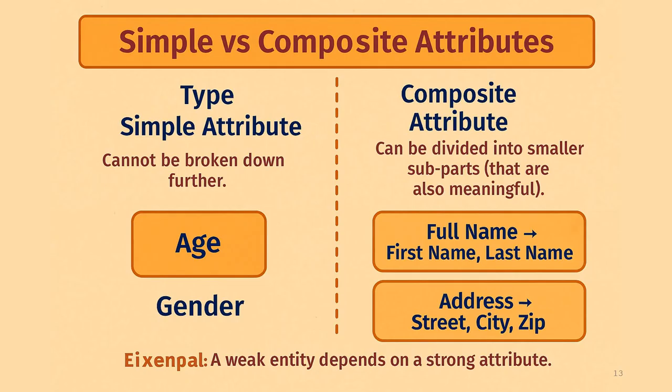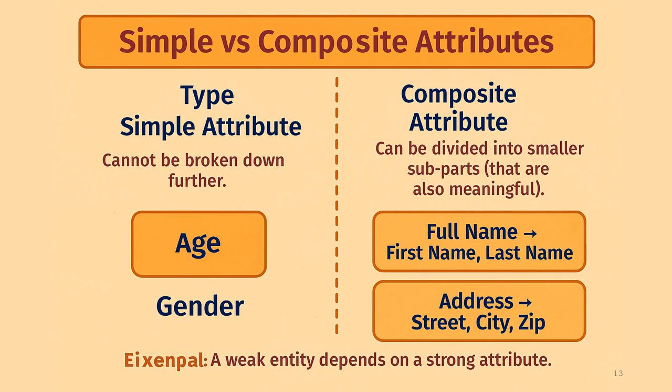And then let's compare simple and composite attributes. A simple attribute is composed of one vocabulary like age, gender, and it cannot be broken down further.